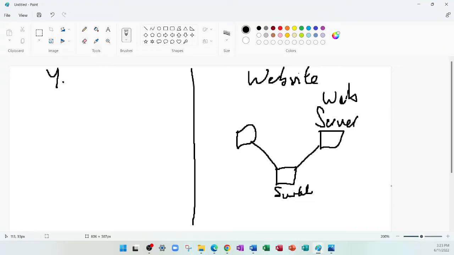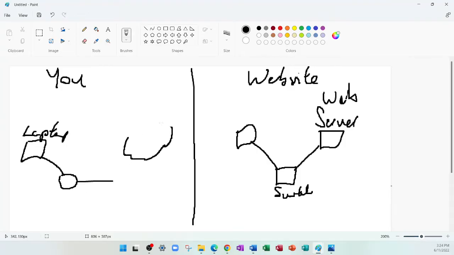Now you, on the left hand side here, are going to have your own network configuration. So this is your laptop here. And once again, your laptop is going to be connected to the internet, like this here.